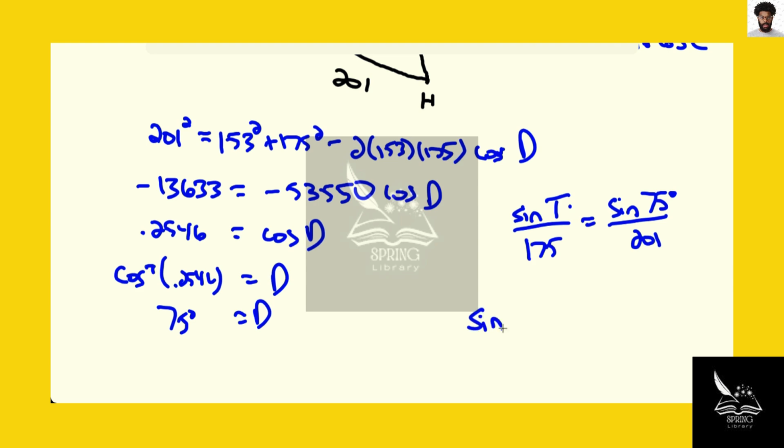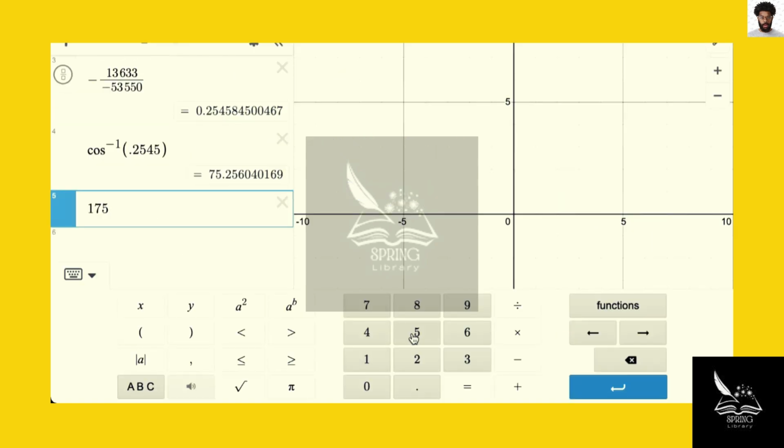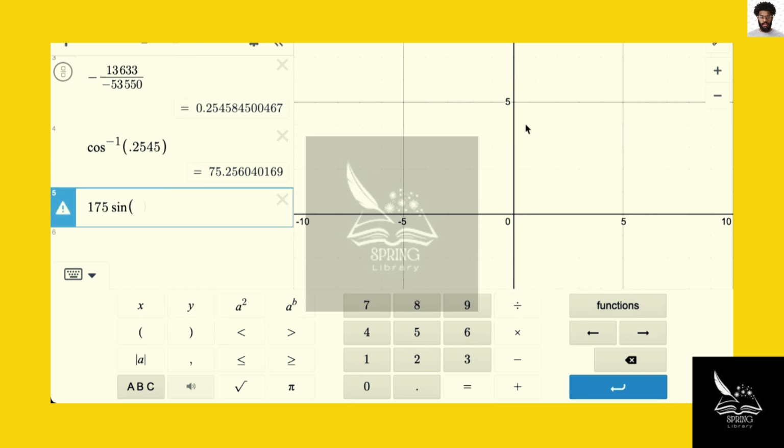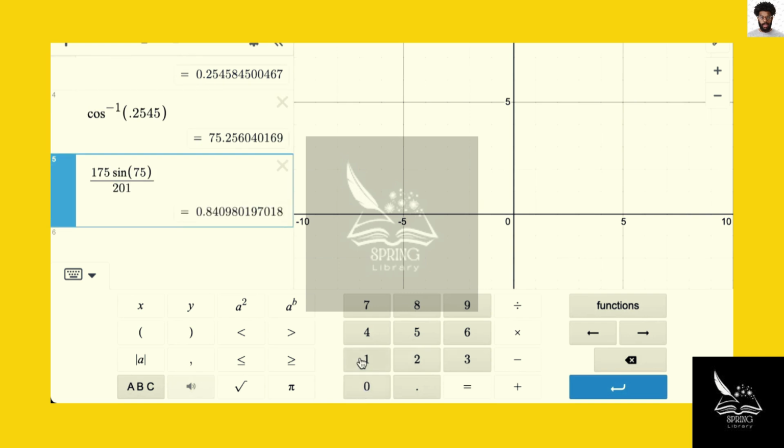And so the sine of angle t would be equal to 175 times the sine of 75 degrees over 201. That's about 0.841.